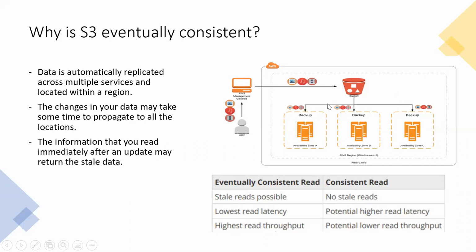That is the reason it is eventually consistent: due to this delay, you might see the old data, and after some time you will see the latest, most up-to-date data in your bucket.